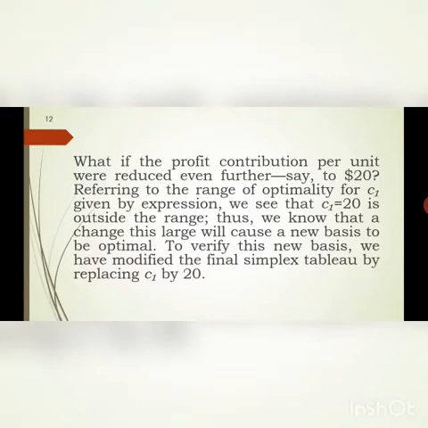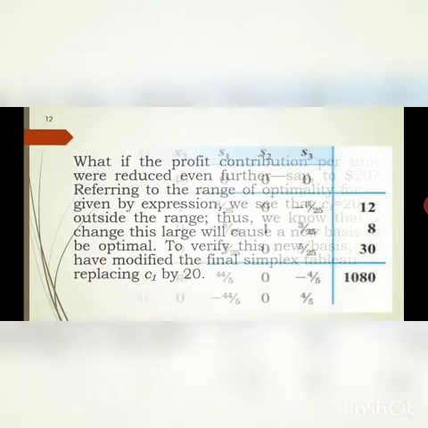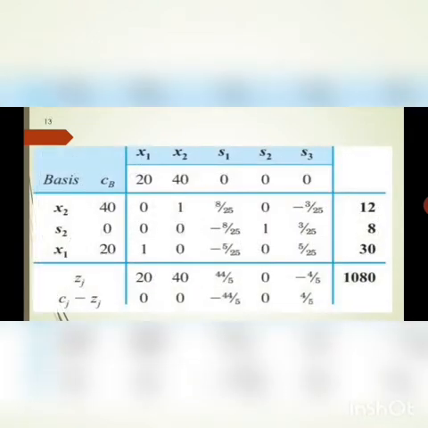To verify this new basis, we have modified the final simplex tableau by replacing c sub 1 by 20. So here is our table. As expected, the current solution is no longer optimal because the s sub 3 column of the net evaluation row is greater than 0.